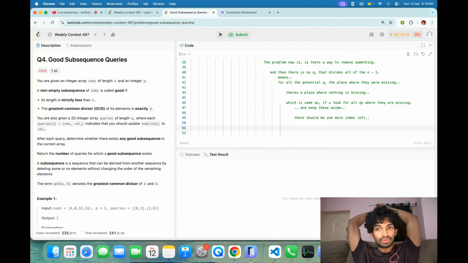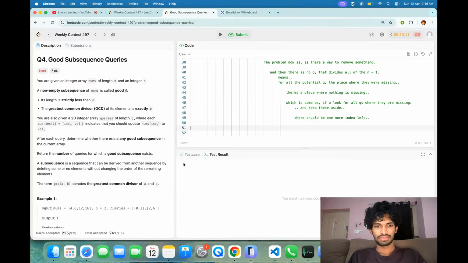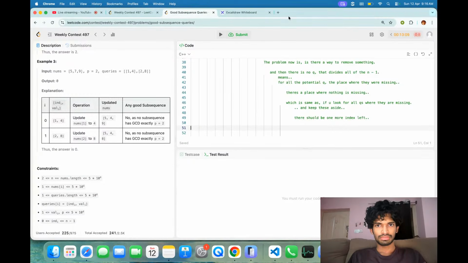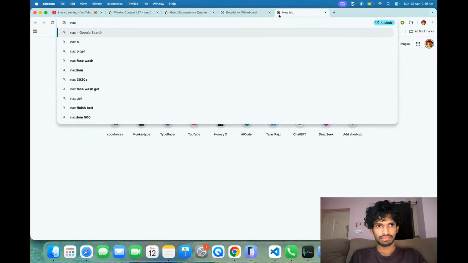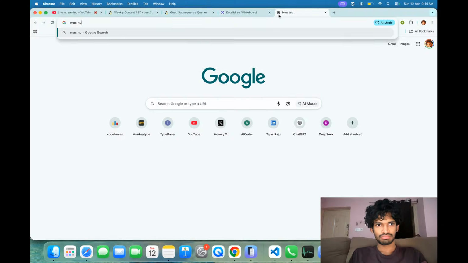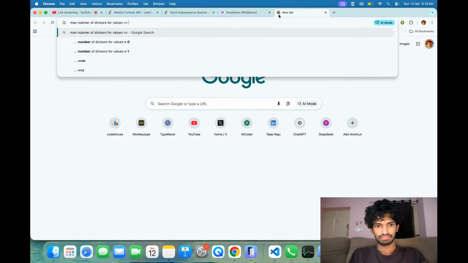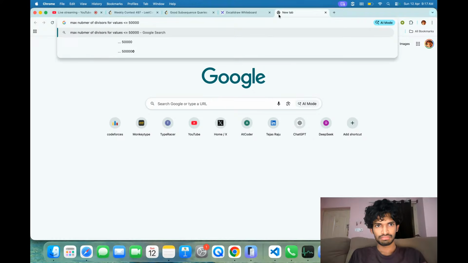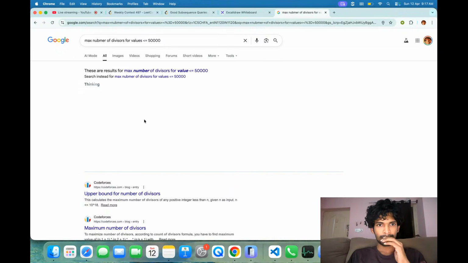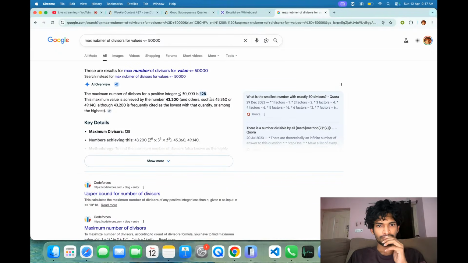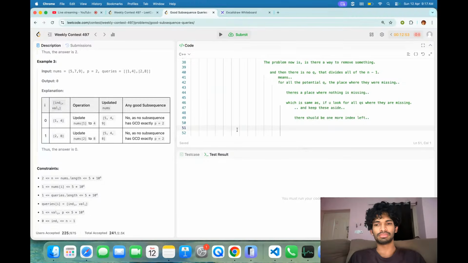For that, you should be able to iterate over all its divisors. It's 128, so it should be possible.